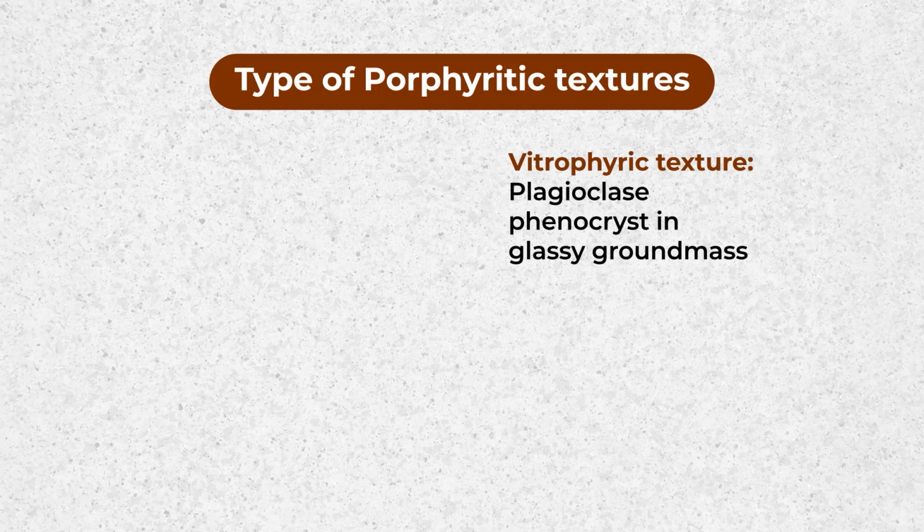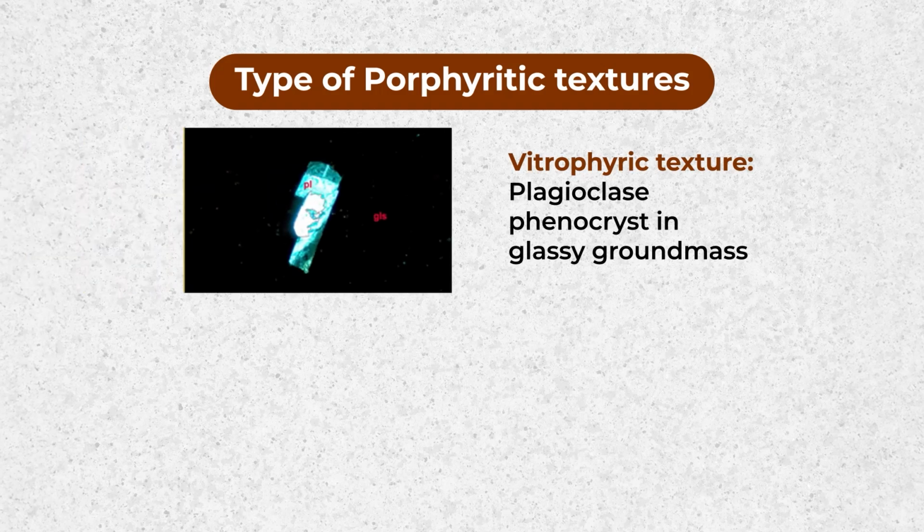Let me show you the three important types of porphyritic textures. First one, on my left hand side, is vitrophyric texture. In this case, the plagioclase phenocrysts are lying within the glassy groundmass. All around the white-gray plagioclase crystals, you have a black glassy groundmass.